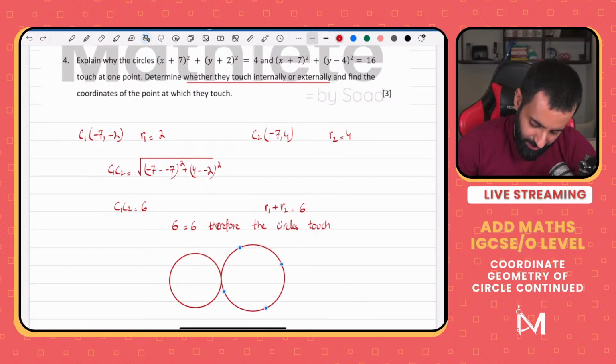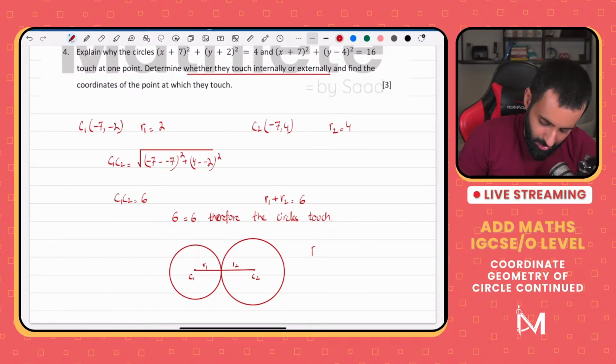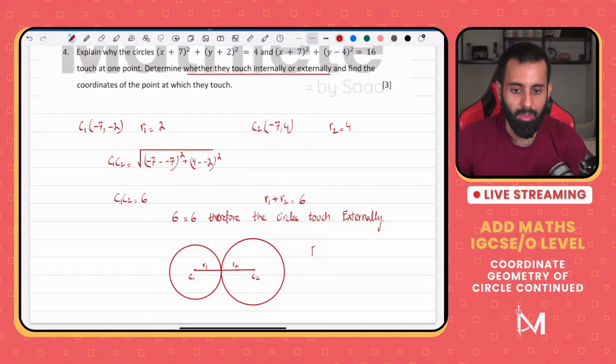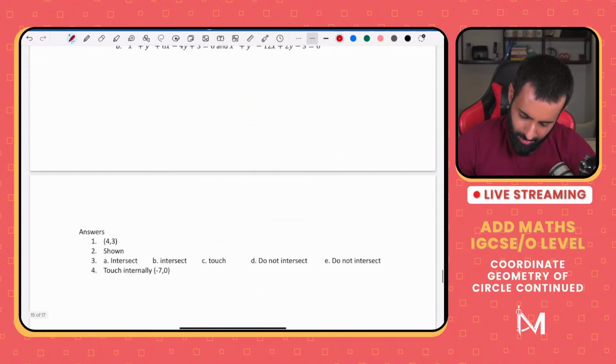But because they are touching externally, that is why the distance between the two centers is equal to the sum. So this is R1, let's suppose, and this is R2, let's suppose. This is C1, C2. So here you can see the only way for them to touch is to touch externally. So here we say externally. Okay, so there you go. That's the answer. Now let's see if we can do another question from the worksheet.